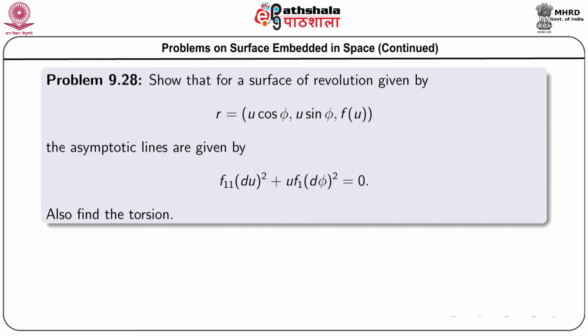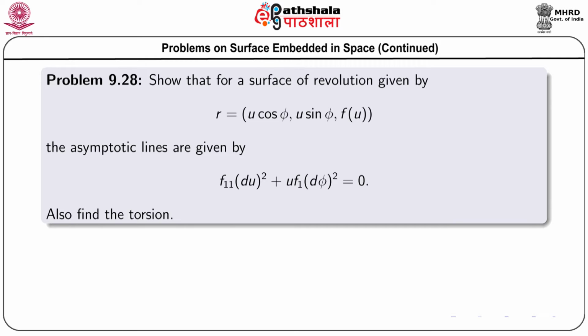The surface of revolution has the equation r equals (u cos phi, u sin phi, f(u)), where f is a function of u, and we shall see that the asymptotic lines will be determined by this equation: f 11 du square plus u f 1 d phi square equal to 0, where f 11 is the second order derivative of the function with respect to u, and f 1 is the first order derivative with respect to u.